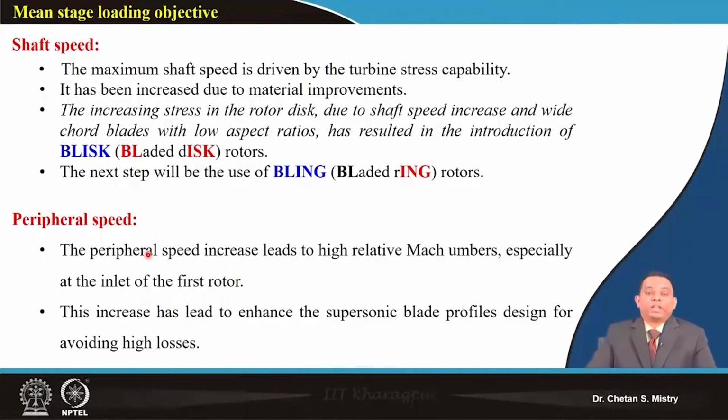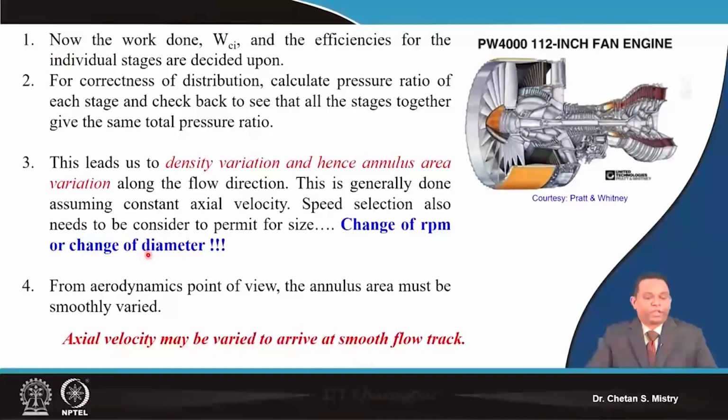In order to improve performance, we have introduced new kinds of aerofoils. Those aerofoils are able to produce very high pressure rise by managing the flow within blade to blade. We will discuss this aspect for the transonic compressor.